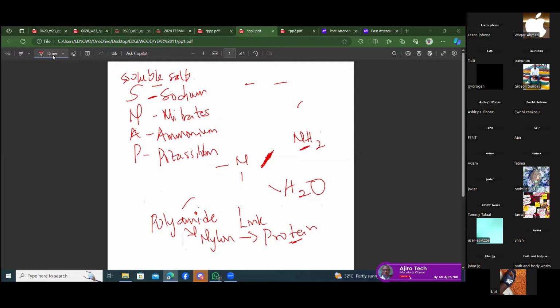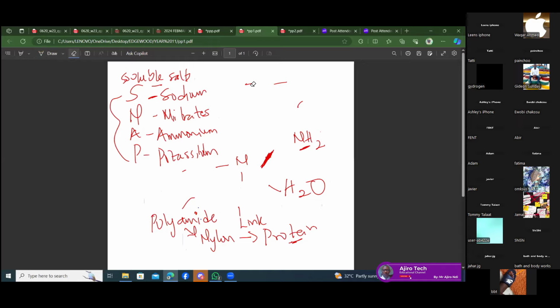You just need to have this at the back of your mind. If you want to form a salt via precipitation, you need to pick a salt from this category. You have to pick out the soluble salts from here. So all sodium, nitrates, ammonium, and potassium salts are soluble. That's for soluble salts.